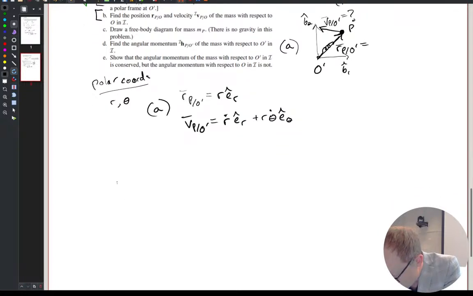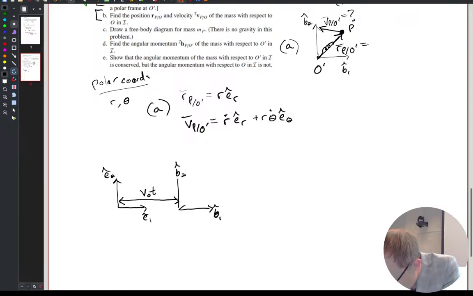I'm going to redraw our two reference frames here. We have E1, E2, and the rotation to get to B1 and B2.